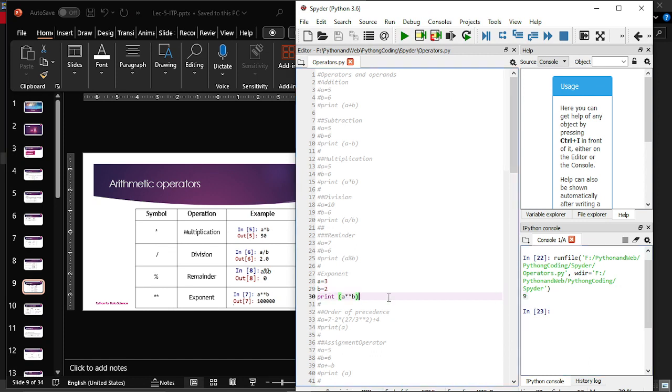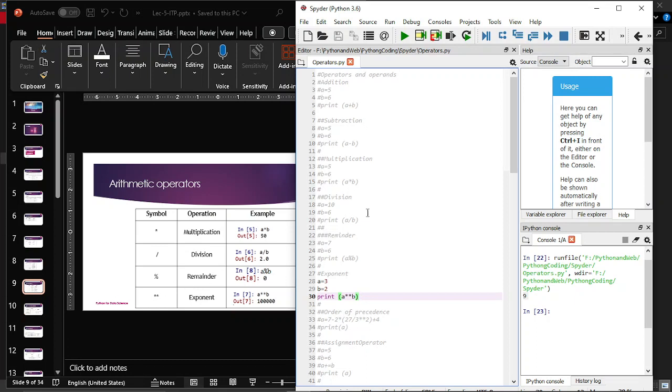Okay, so please remember, till now we have studied addition, subtraction, multiplication, division, remainder, and exponent. So these are the 6 operators which come under the category of arithmetic operators that we have studied till now, and I have shown each and every operator with an example, so I hope you have understood.